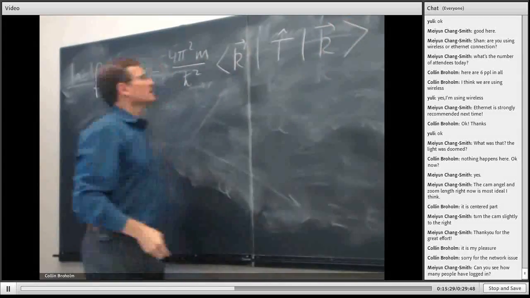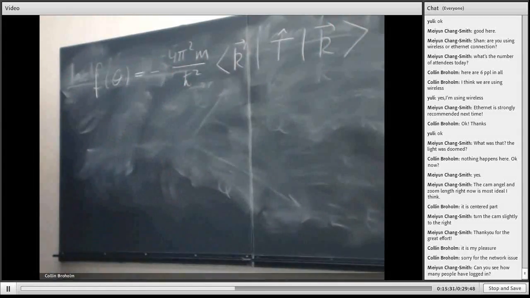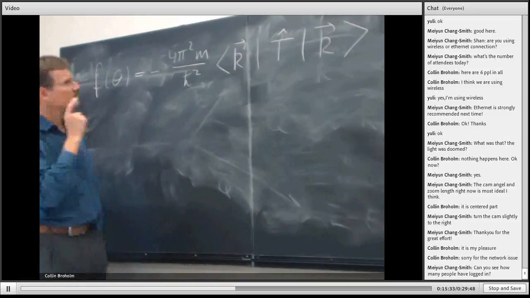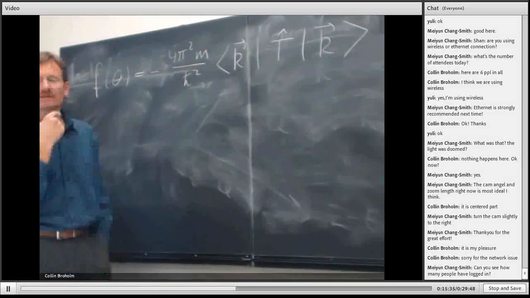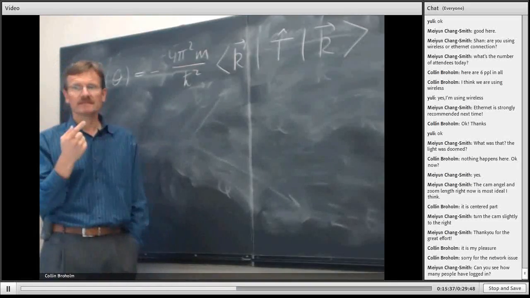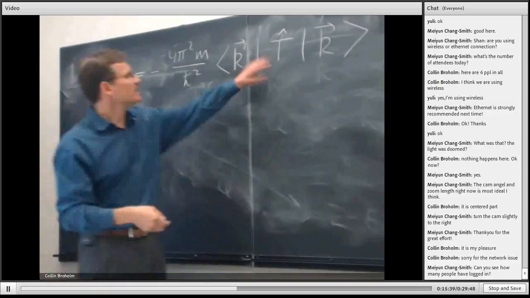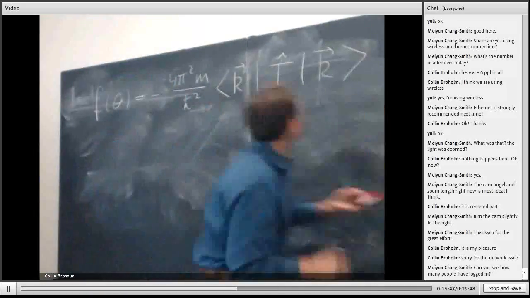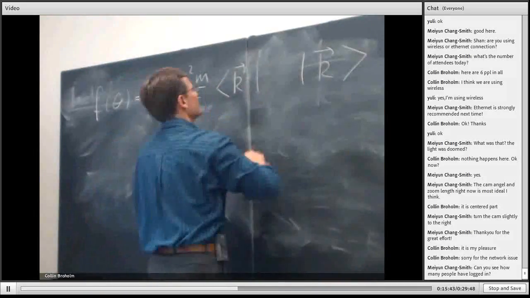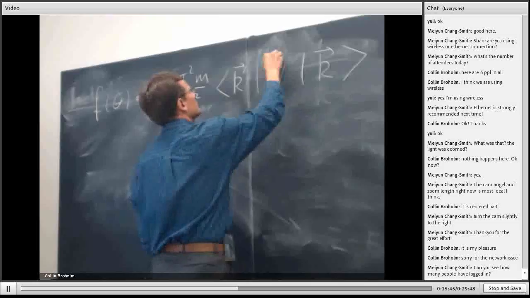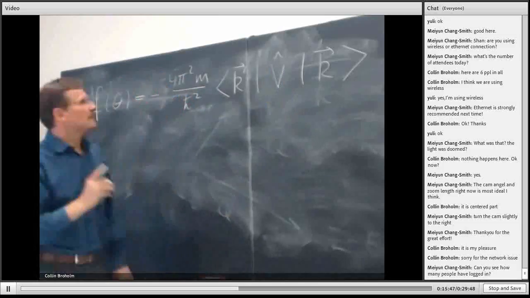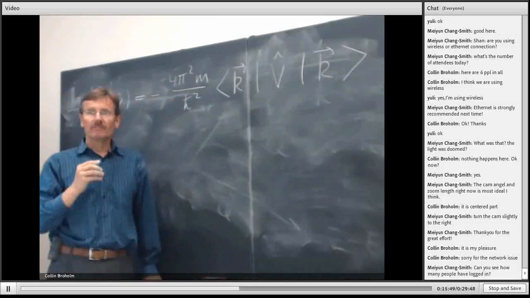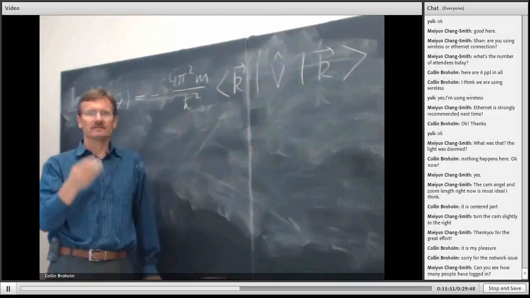Okay, so now the first thing we're going to do is we're going to be working within the Born approximation, which means that we're going to replace the t operator with the interaction potential. That's my first step. Nothing very surprising with that. Secondly, we now have to take into account that the sample may actually be changing its state during the scattering process.